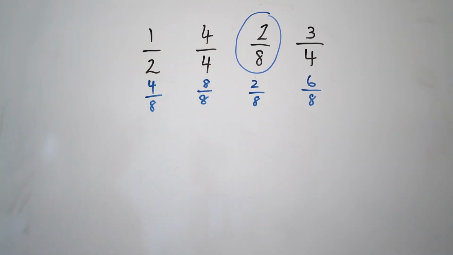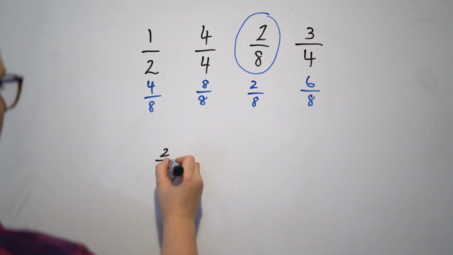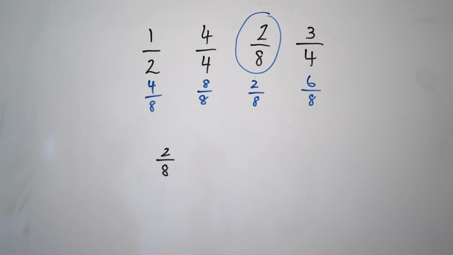Now that we've converted all of these fractions into the same denominator, what is the smallest fraction out of all of these? 4/8, 8/8, 2/8, and 6/8. Well, the smallest numerator is 2, so 2/8 must be our smallest number. What's our next smallest? 4/8 is our next smallest number.